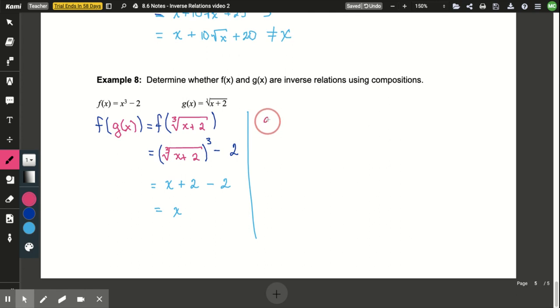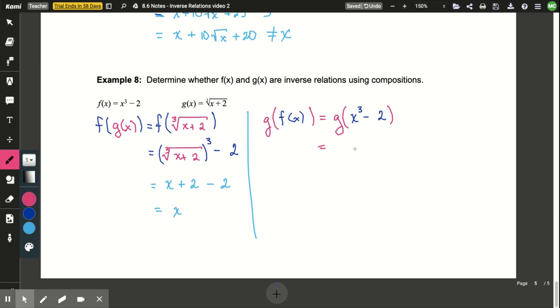So I'm going to start with g of f of x, and I'm going to keep the colors the same there. And I'm going the opposite direction. So this time my f is my inside function. So the first thing I would do is replace that f of x with the function expression there, so x cubed minus 2.